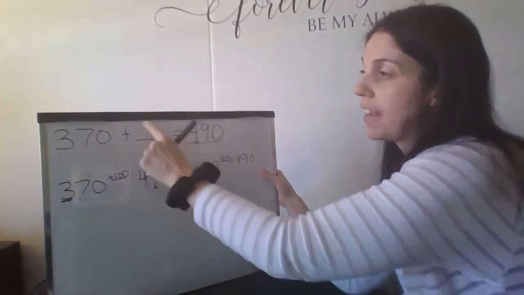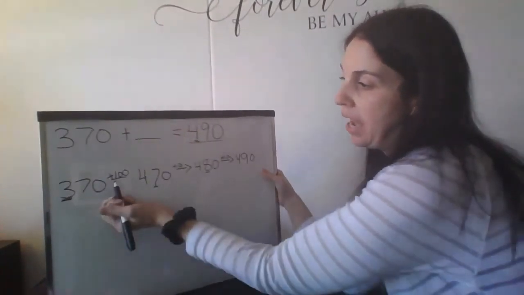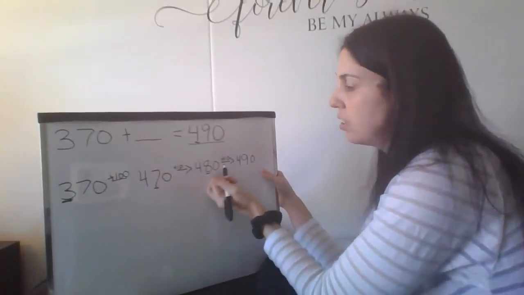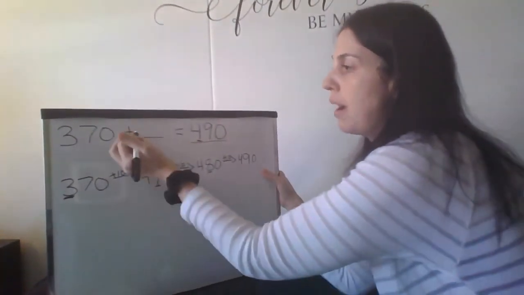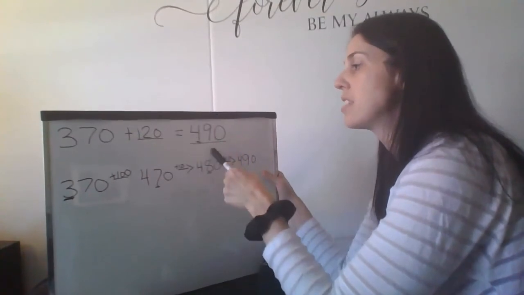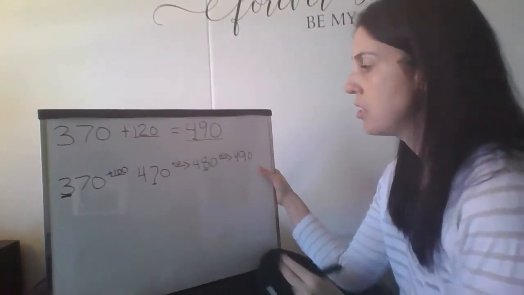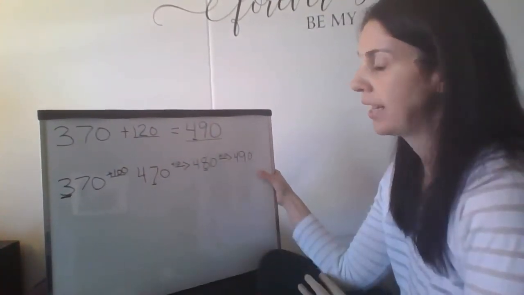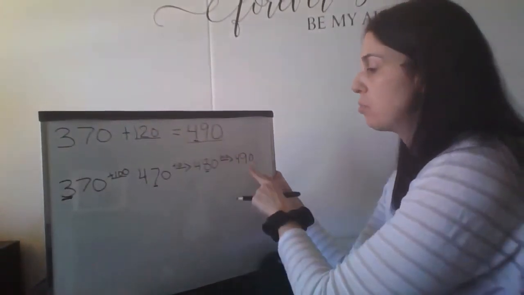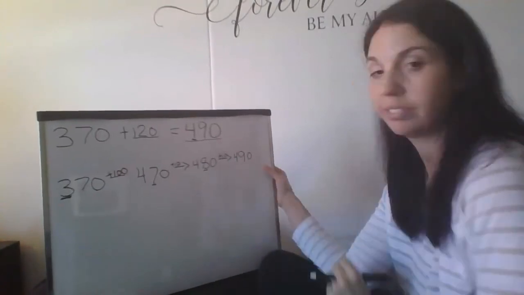Now what to do to find this number is see how much. So I'm going to look at, I have 100, 110, 120. So I went up 120 to get to this answer. Okay? So that's how you're going to count, starting out at the number you have, and you're going to count up until you reach your total.